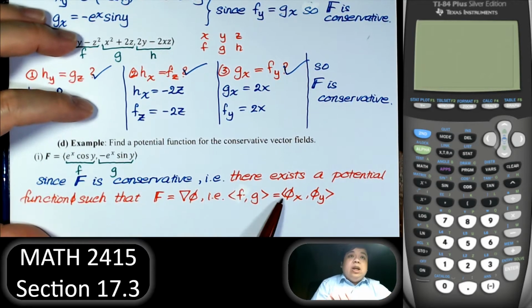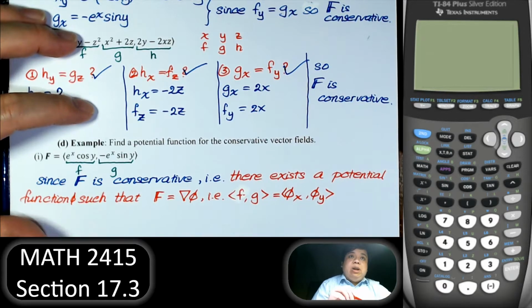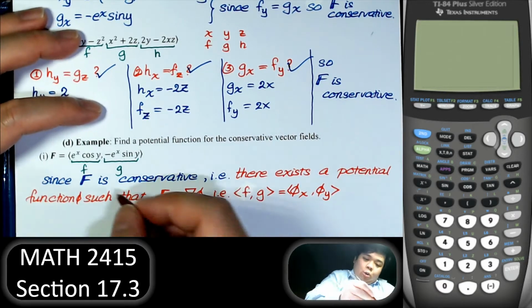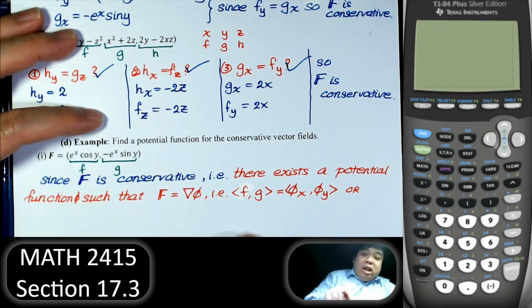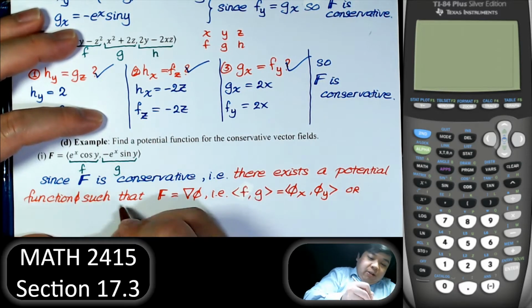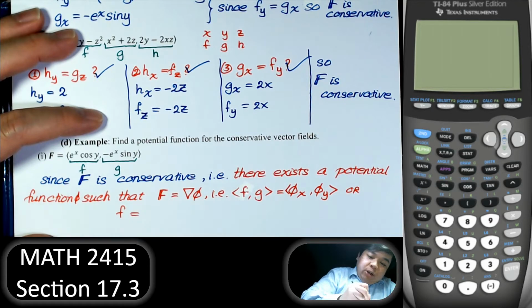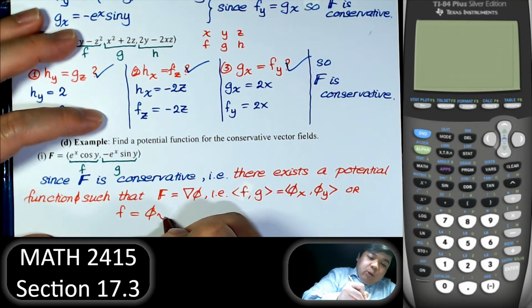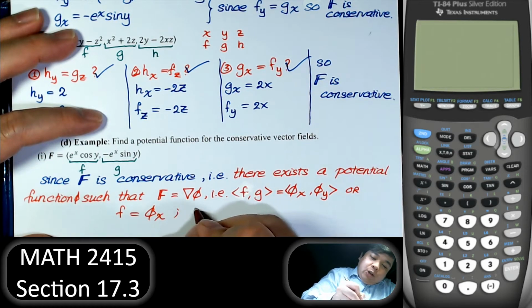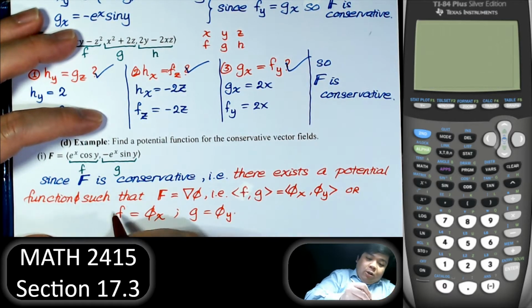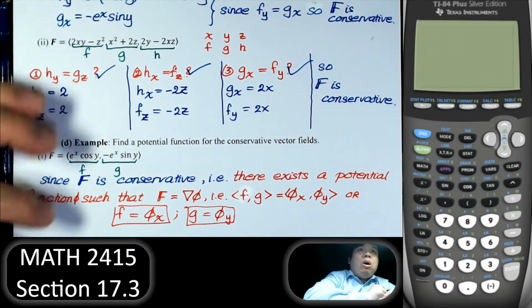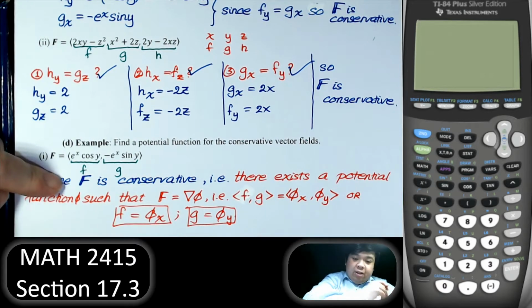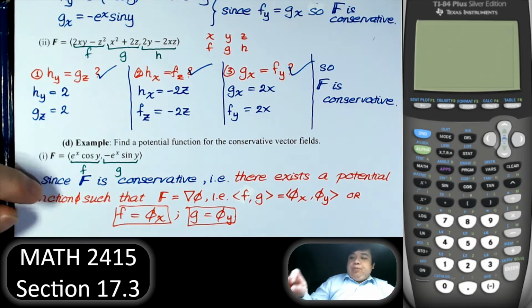So the vector field equals the gradient. Or we can just write, for the next step, we don't need to write all of that. We just say f equals the derivative of phi with respect to x, and g equals the derivative with respect to y. So these are the two conditions we have. If it is conservative, we're going to have those two, right?